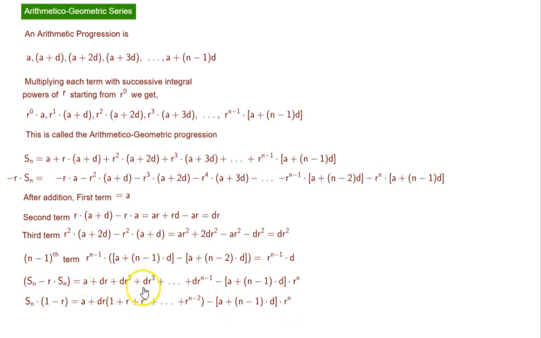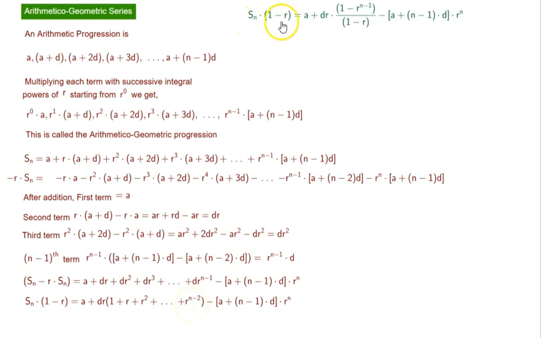Here in the right hand side, we have dr common to all these terms. So we take it out. We have dr times 1 plus r plus r square plus and so on up to r to the power of n minus 2.